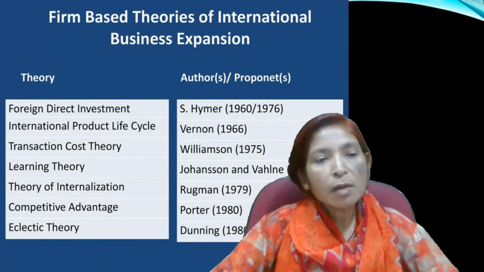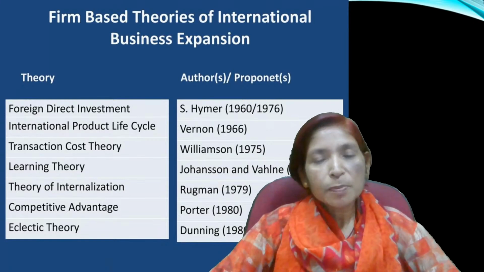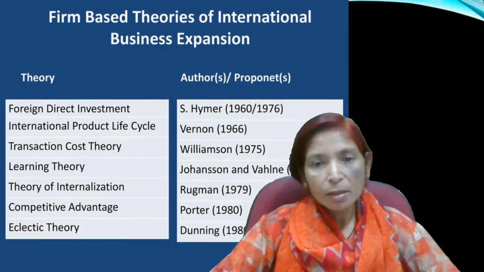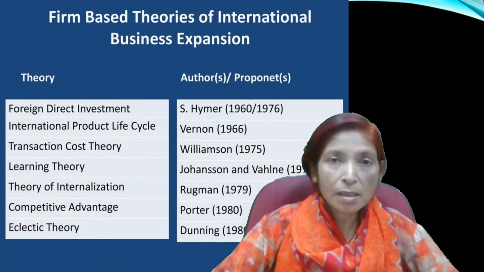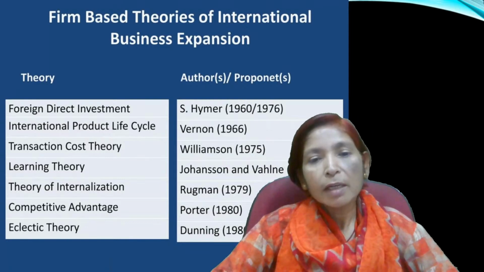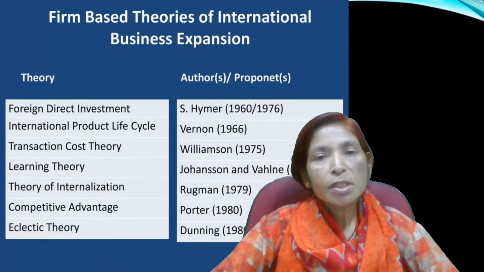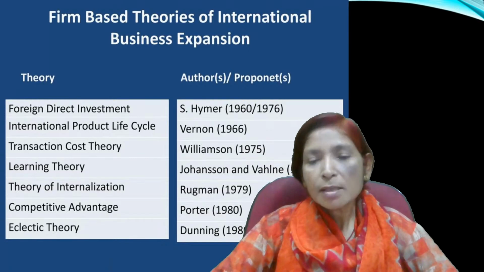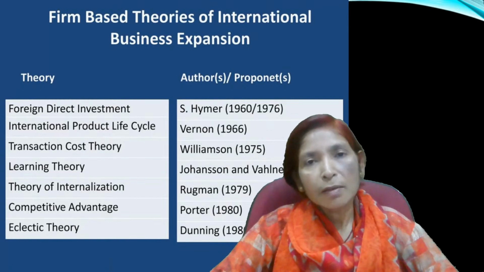Next is the international product life cycle theory of international business. It was presented by Vernon in 1966. Next is transaction cost theory. It was developed by Williamson in 1975. Learning theory was developed by Johanson and Vahlne in 1977.